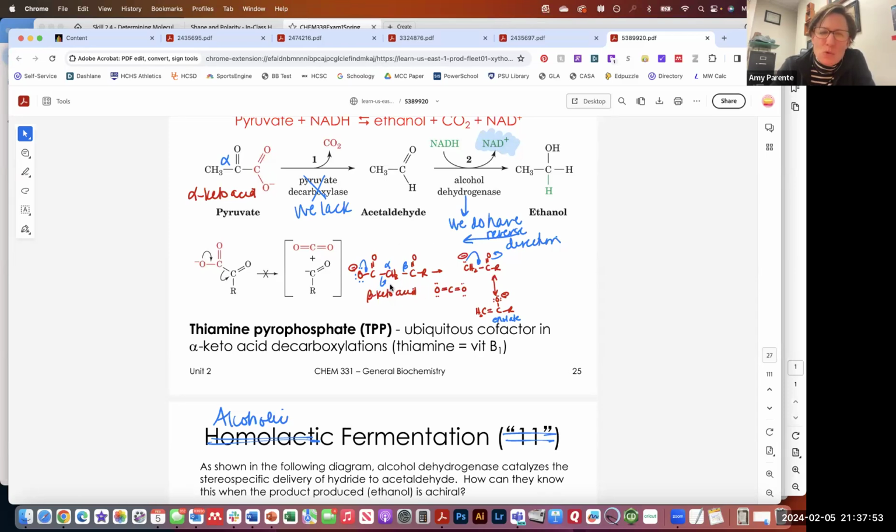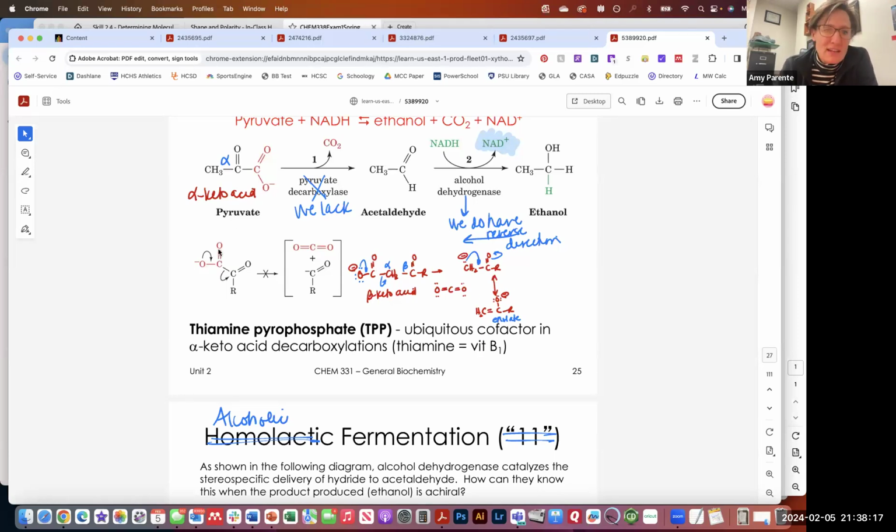We can do that because even if we start out localizing the lone pair of electrons on this carbon here, it's adjacent to a carbonyl so that we can resonance stabilize through there, right? So that's a really important thing. We are going to see this throughout the course as we talk about generation of CO2. Oftentimes, generation of CO2 is from decarboxylation of a metabolite.